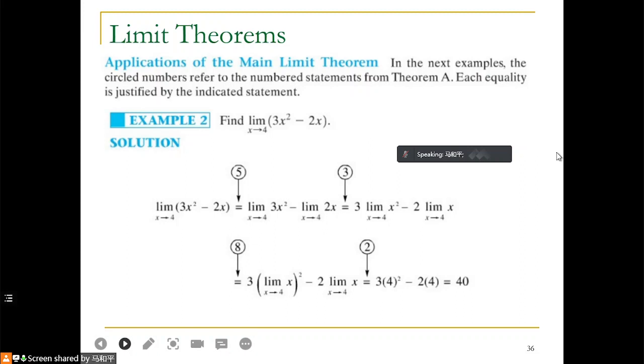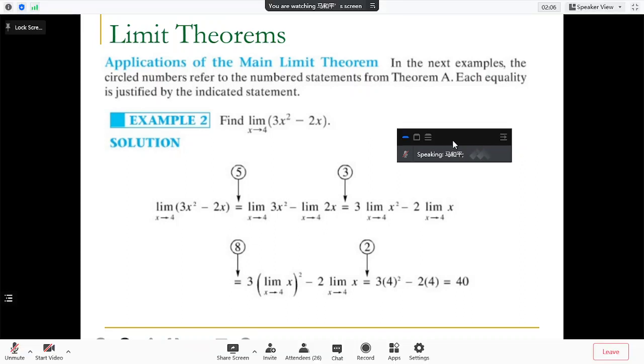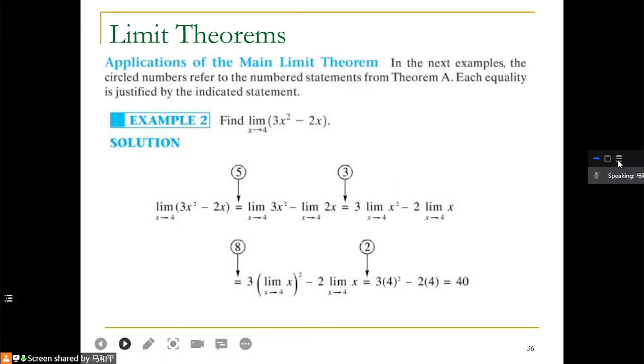For this one, find the limit as x approaches 4 of 3x squared minus 2x. We have the difference of two functions, right? So we can first write the limit of the first function and then the limit of the second function, in their difference. Then we take 3 in the front, we take 2 in the front.